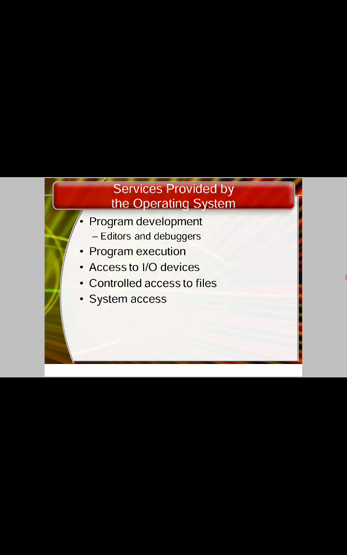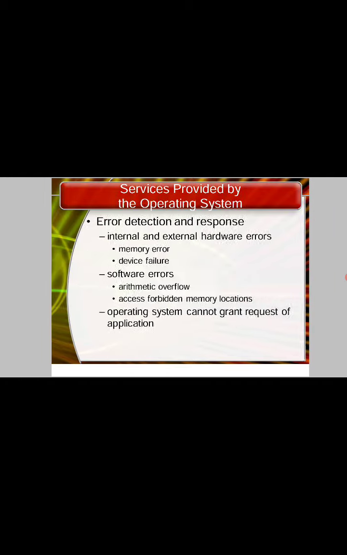Controlled access to files means operating systems are used to control and operate on files and directories of a file system, and they also allow access to internal system resources.